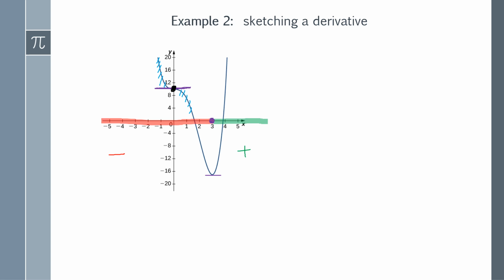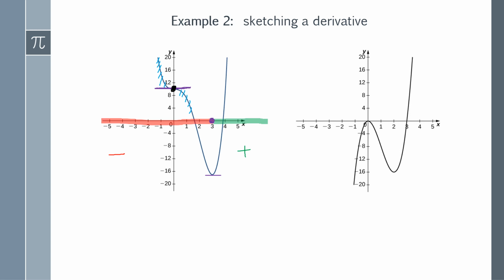So now let's take a look at the graph of f prime. If this is our f, then this is f prime, and let's see what we can notice here: it is indeed negative from -5 to +3.